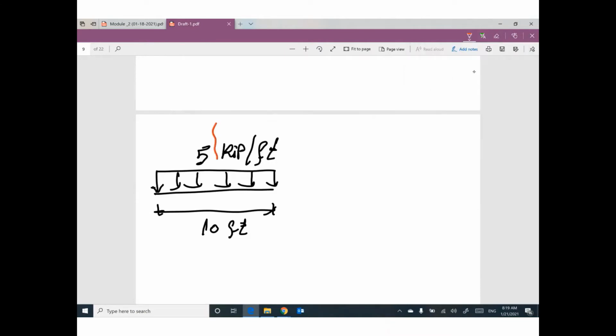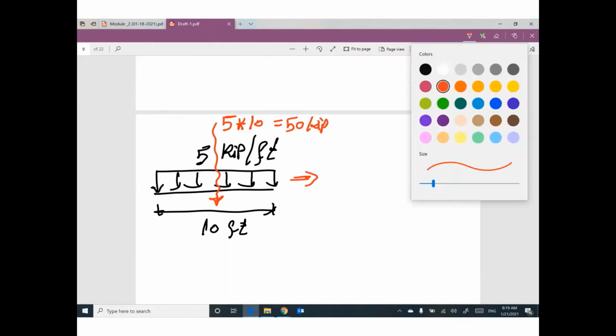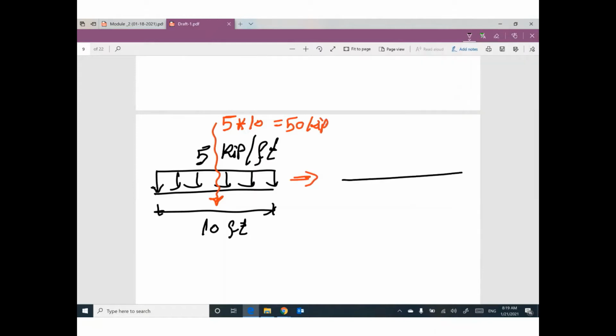This equivalent equals 5 times 10, equal 50 kips. So this force, which is 50 kips, is equivalent to this distributed load.